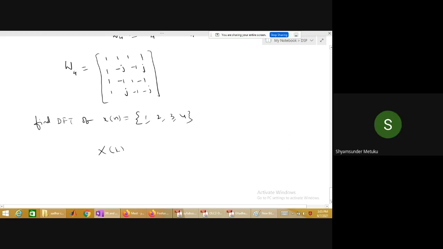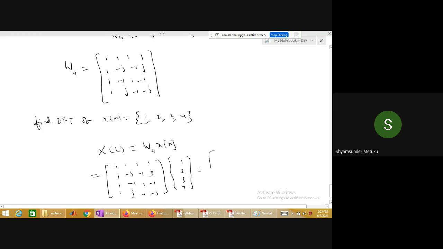X of k is equal to transformation matrix multiplied by x of n. Which is 1, 1, 1, 1; 1, minus j, minus 1, plus j; 1, minus 1, 1, minus 1; 1, j, minus 1, minus j. Your inputs are 1, 2, 3, 4.